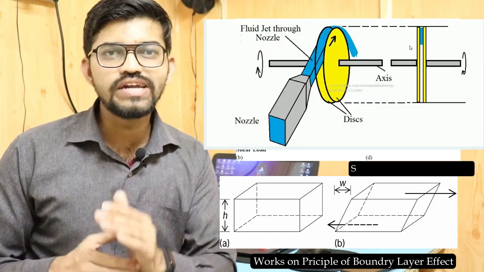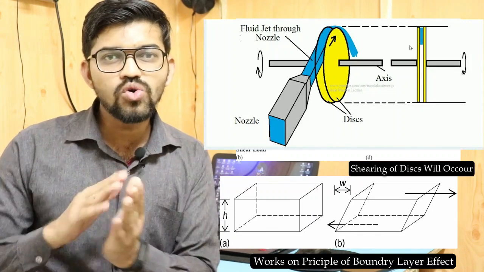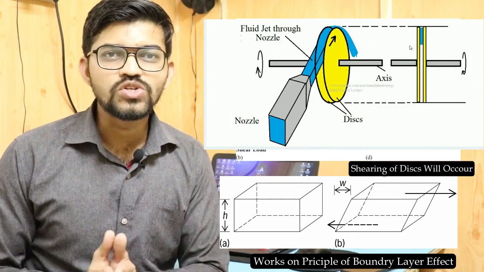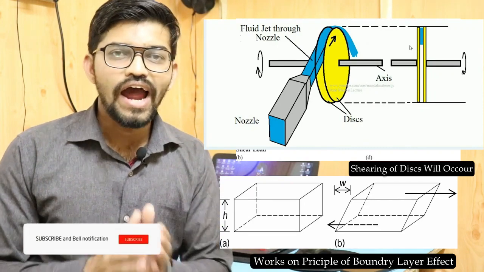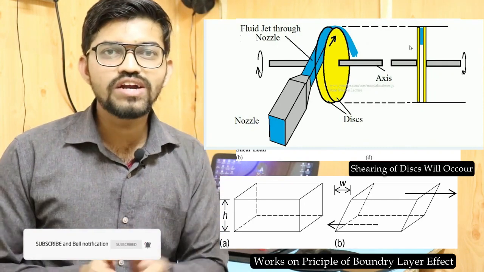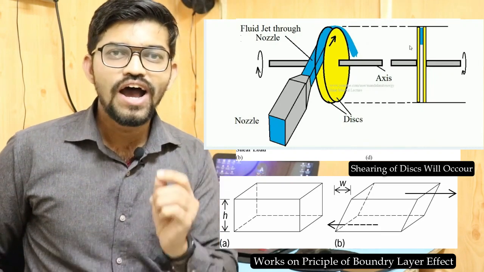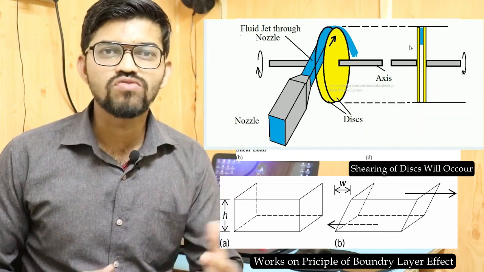The shearing of the disc will occur, and this shearing will try to rotate the disc. This phenomenon is known as the boundary layer phenomenon, or the boundary layer effect. Due to this boundary layer effect, the spinning of the disc will occur, and we will get the actual output in terms of the rotation of the shaft.